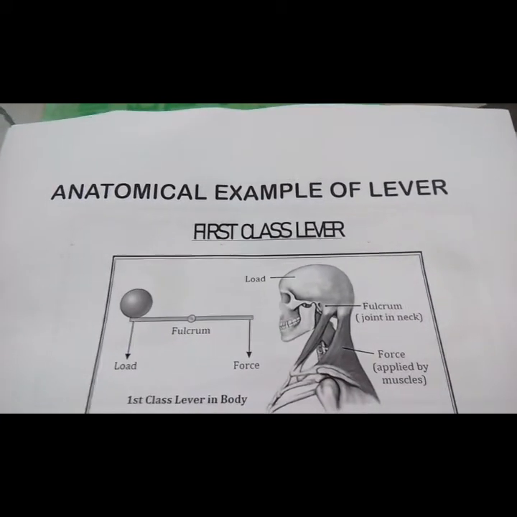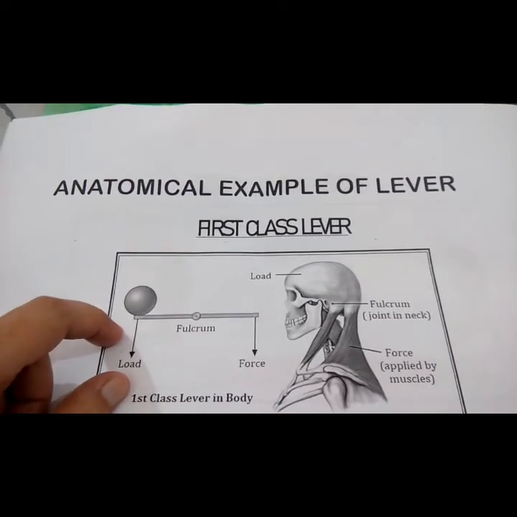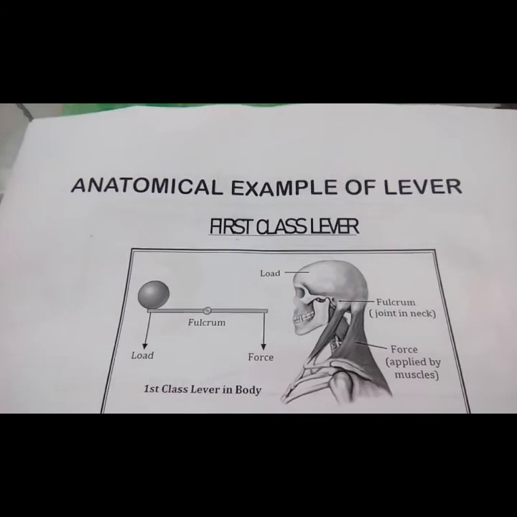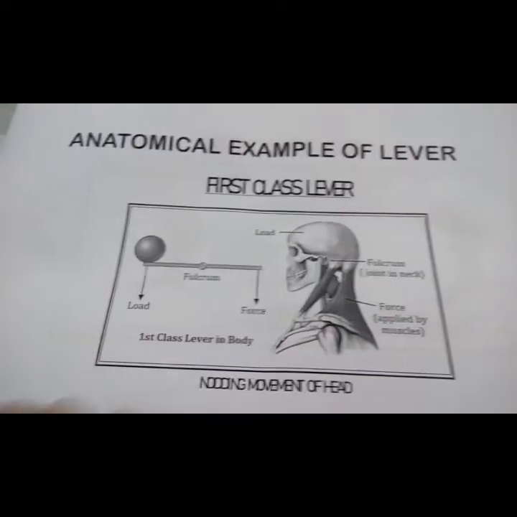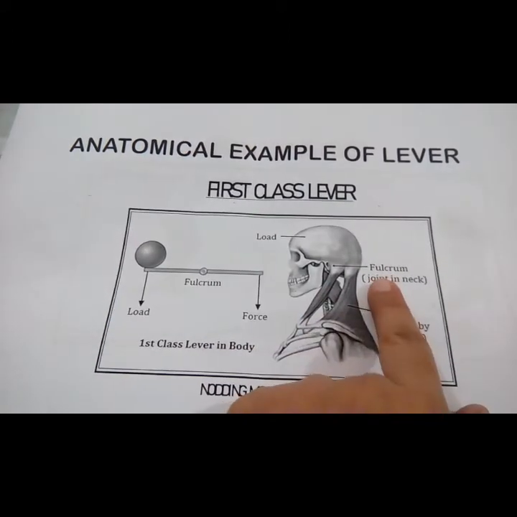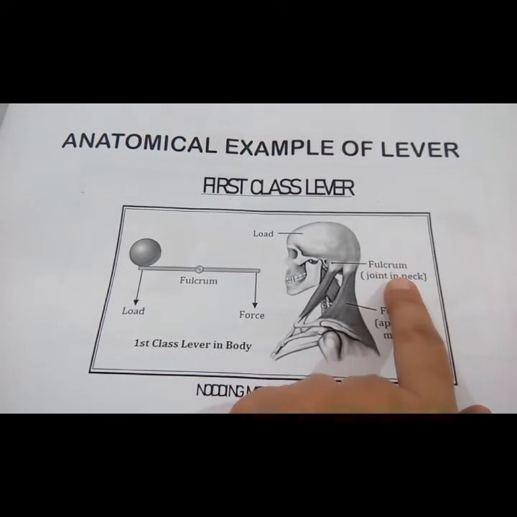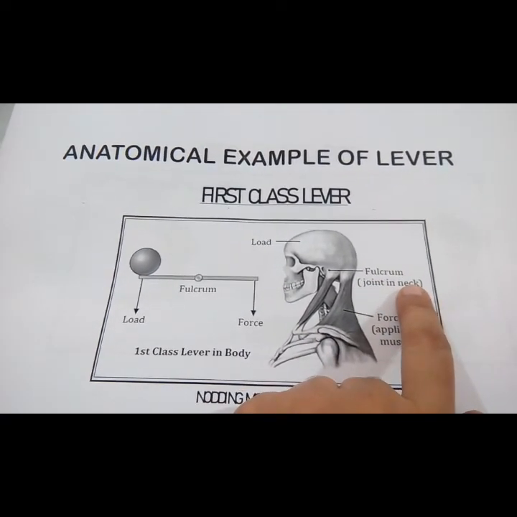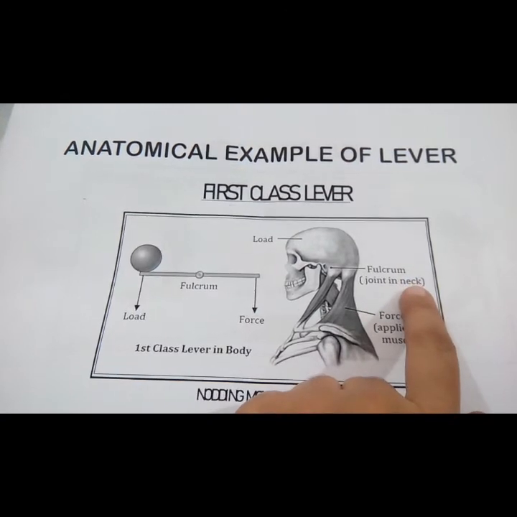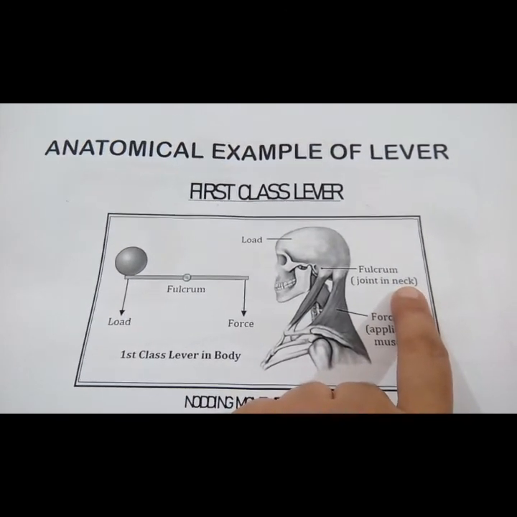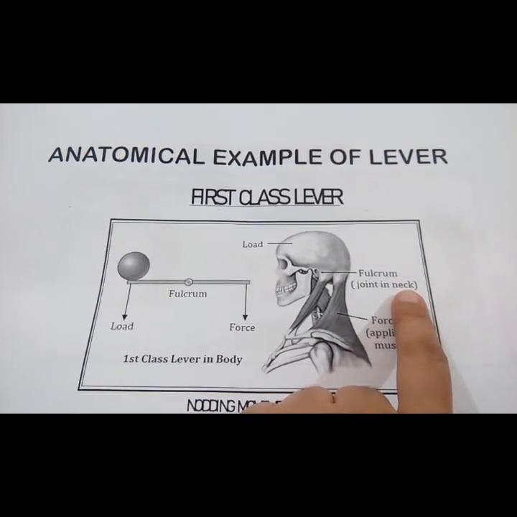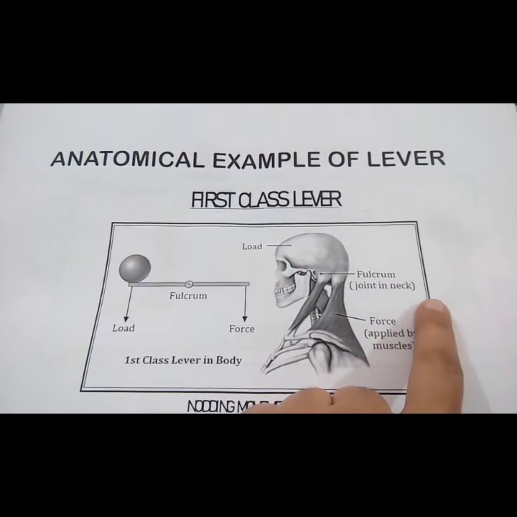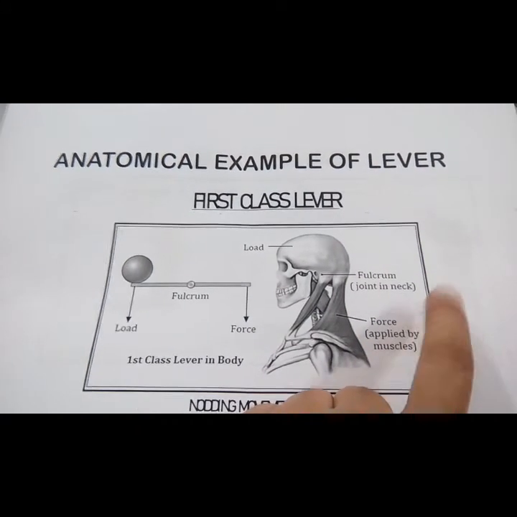Now let's discuss anatomical examples of levers. First class lever. Let's take an example of the nodding movement of the head. This pivot, the fulcrum, exists in the place where your skull meets the top of your spine, that is the atlanto-occipital joint between the first vertebra, atlas, and the occiput.